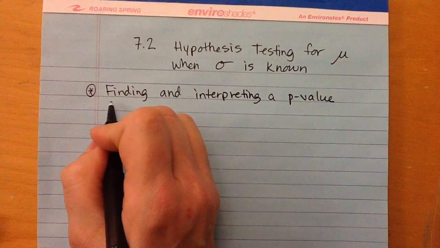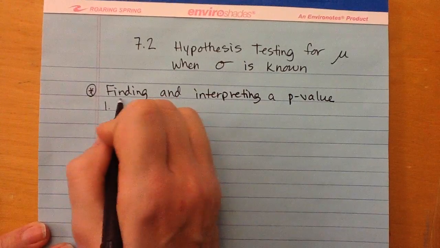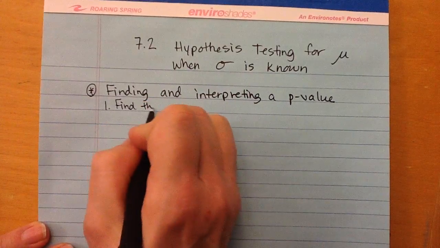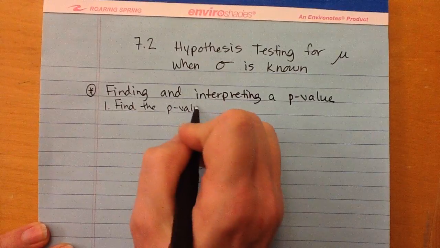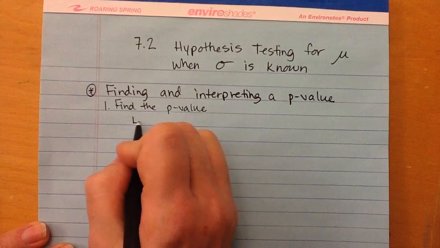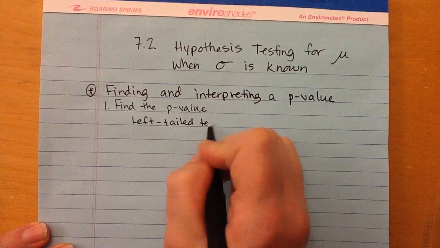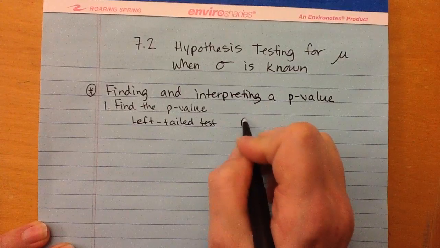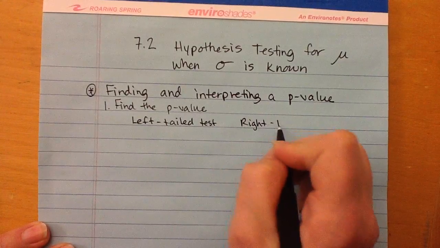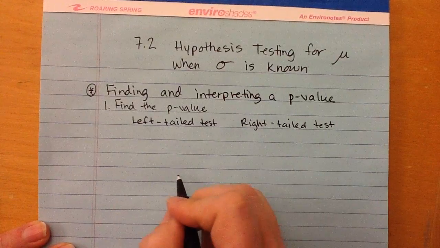So the first thing that we're going to do is figure out how to find the p-value. To find the p-value, it's going to be different if we have a left-tailed test or a right-tailed test or a two-tailed test.